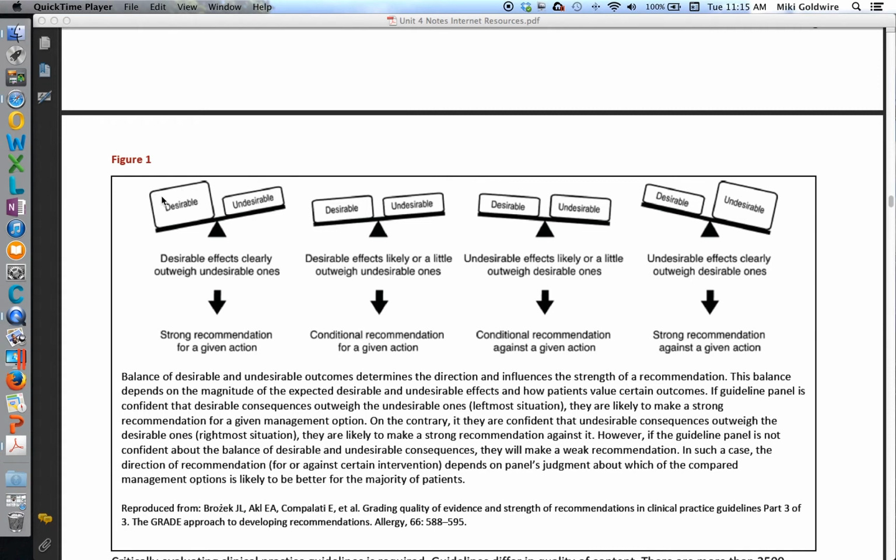For example, if you have a highly desirable effect and it outweighs the undesirable effect, this means a strong recommendation is given for that action. Whereas if you have a highly undesirable effect and it outweighs the desirable effect, this is evidence for a strong recommendation against a given action.